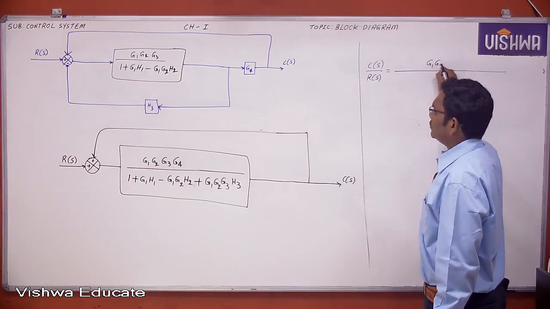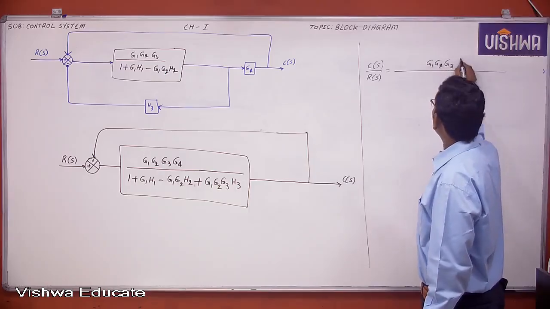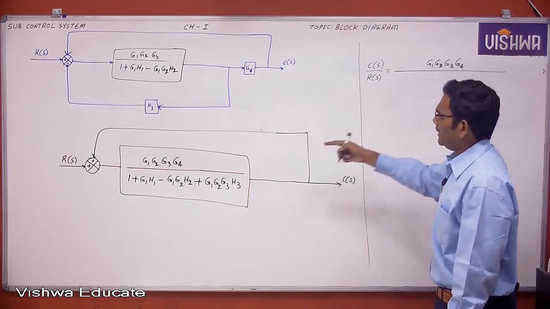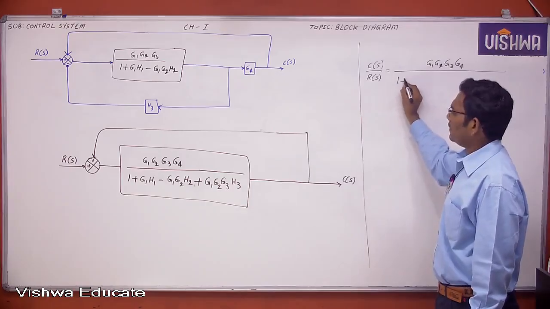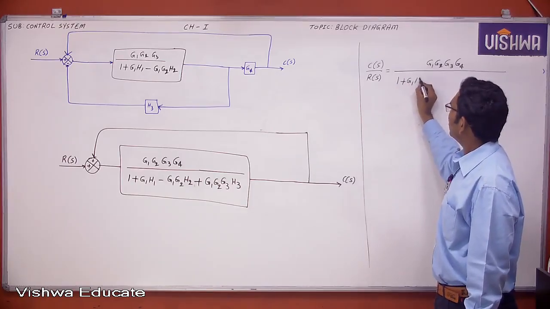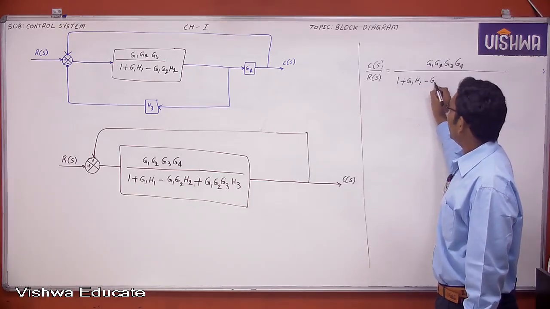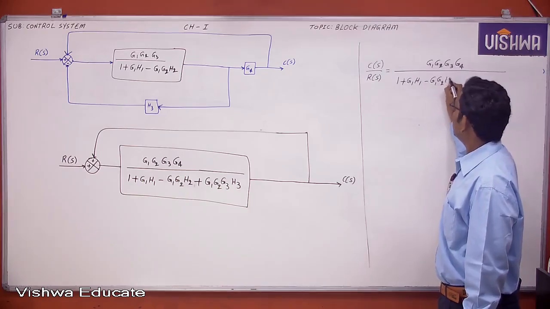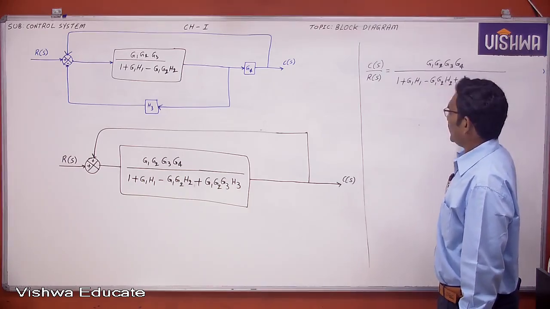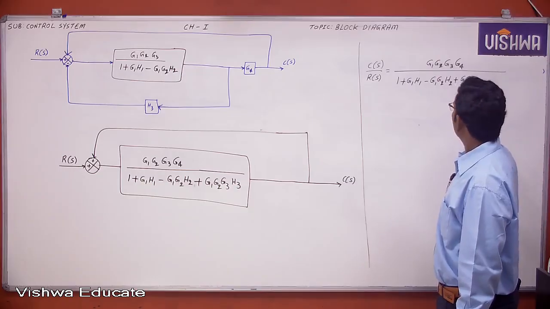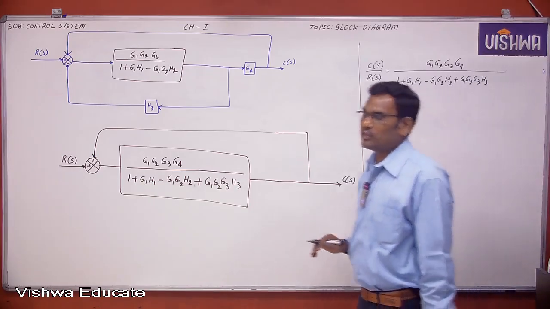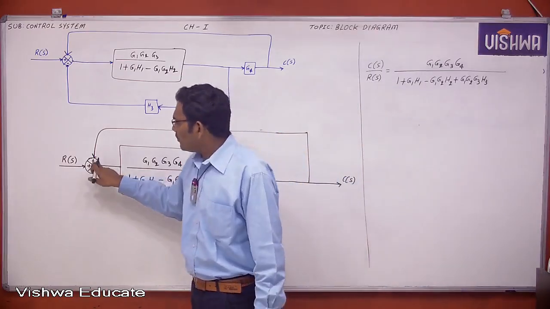G1 G2 G3 G4. Denominator as it is, 1 plus G1 H1 minus G1 G2 H2 plus G1 G2 G3 H3. Now only the last term changes. What is the last term? This is the positive feedback.